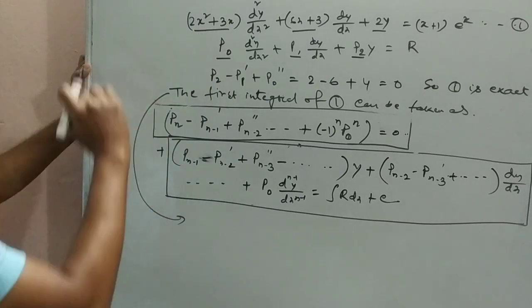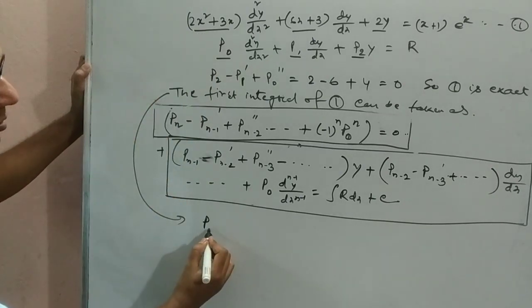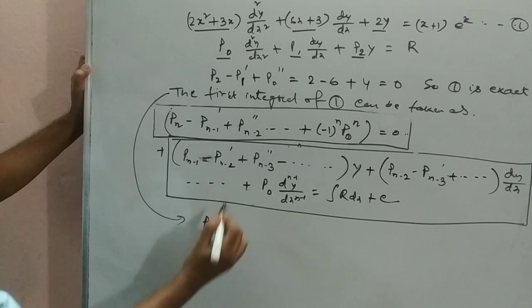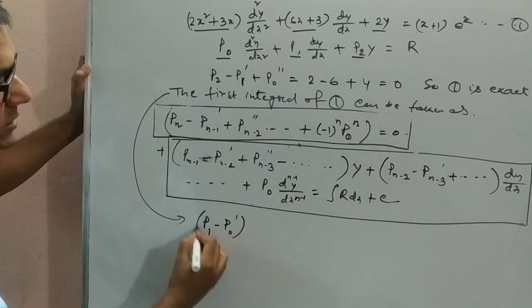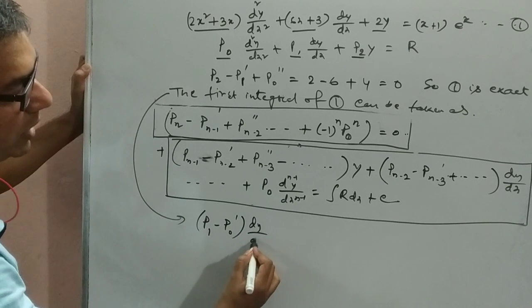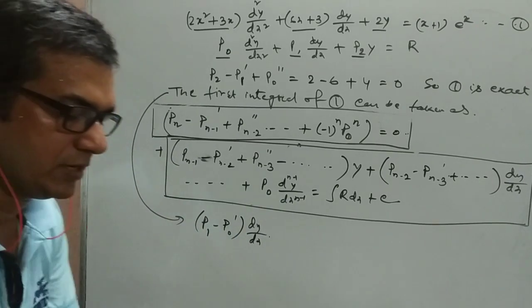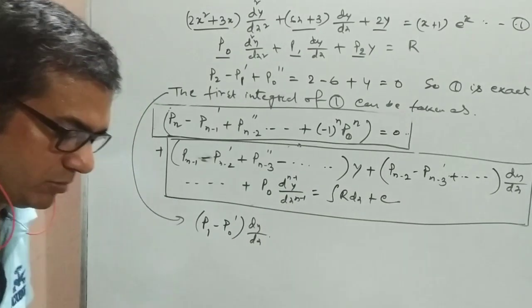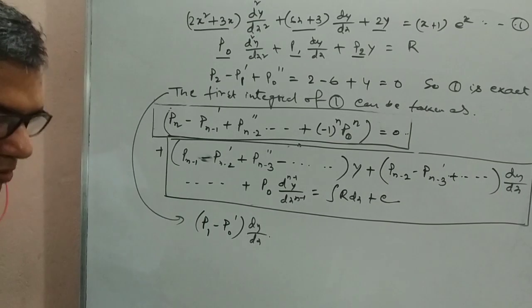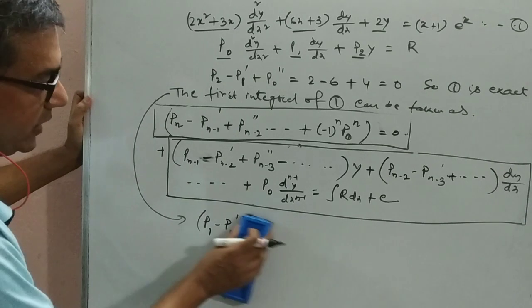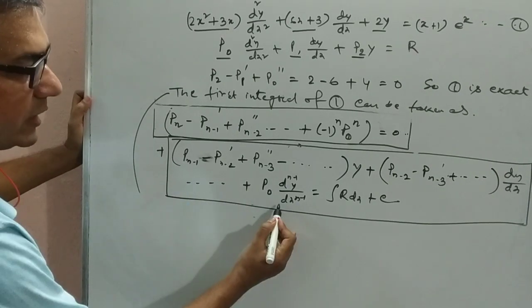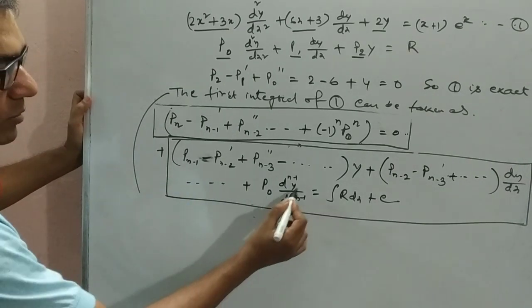So here the formula is P_1 minus P_0' into dy/dx, right? Sorry, we write from the back side.